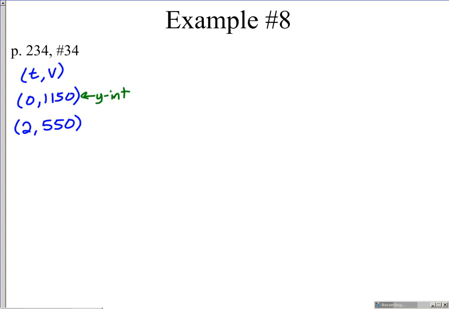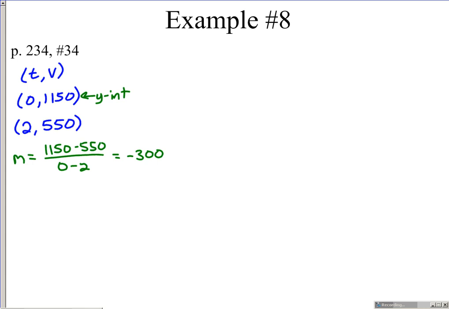Kind of nice here because this first point gives us the y-intercept. So all we need to do now to get our linear equation is find the slope between these 2 points. Slope, difference in y's over difference in x's. We get a slope to be negative 300. Why is our slope negative here? Well, this computer is depreciating in value, or the value is going down as the years increase.